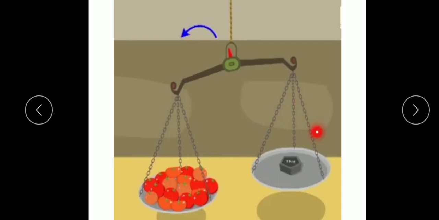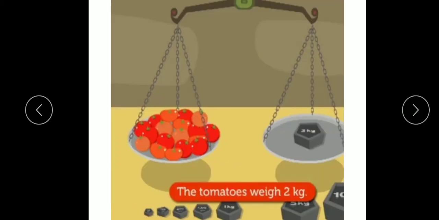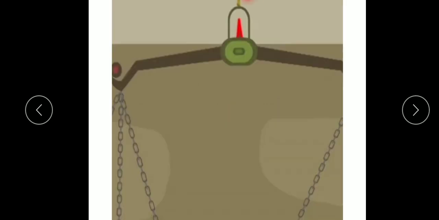So we remove this 1 kg of weight and we put the weight of 2 kg here. And when we put the 2 kg weight, you can see that the pans are balanced. Both the pans are at equal position. And look at the pointer.